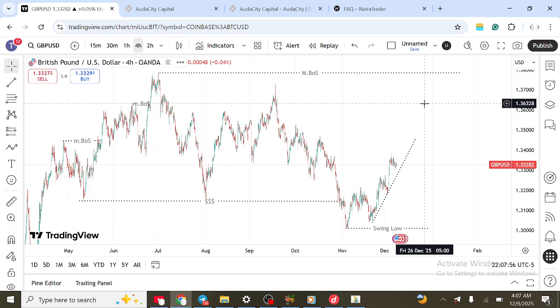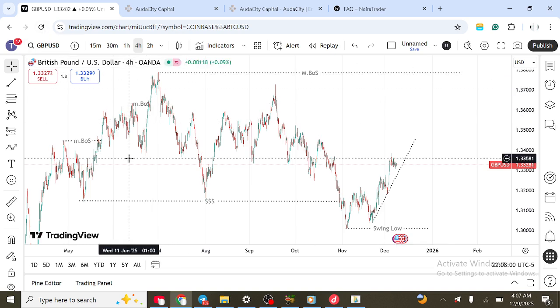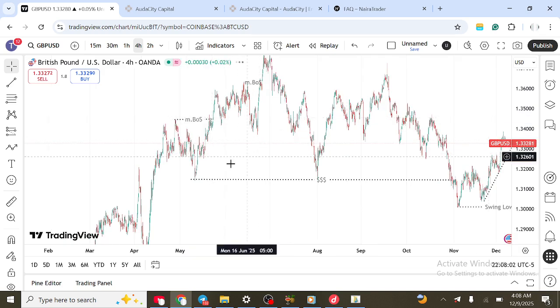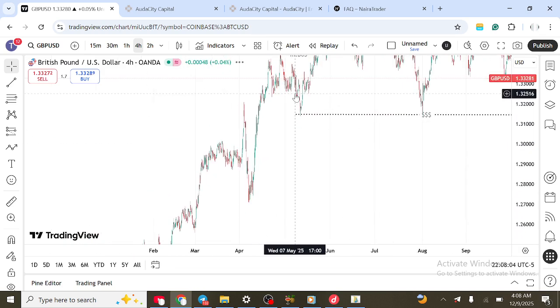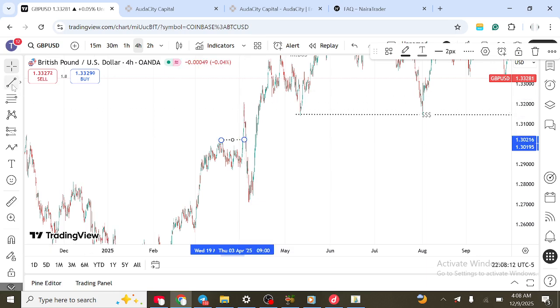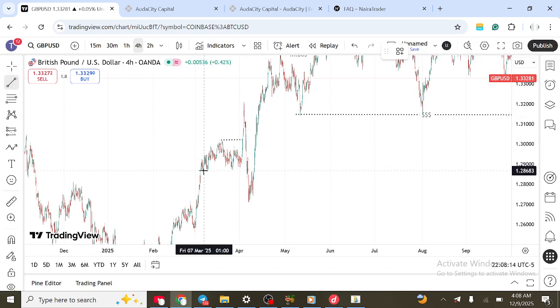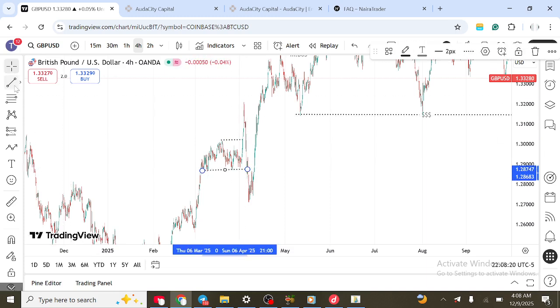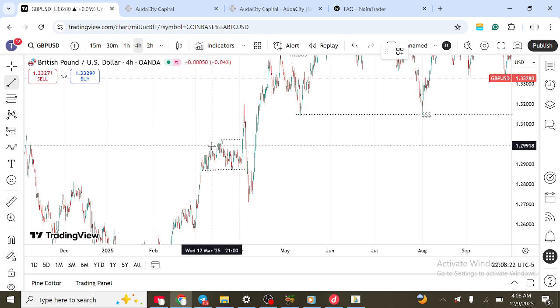Now I'm going to show you another example. Before I show you that, let's see. You can see this is a stand-alone type A liquidity. This is the liquidity sweep, right? And this is the minor break of structure here.